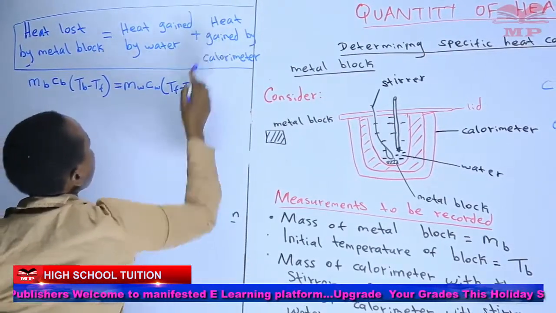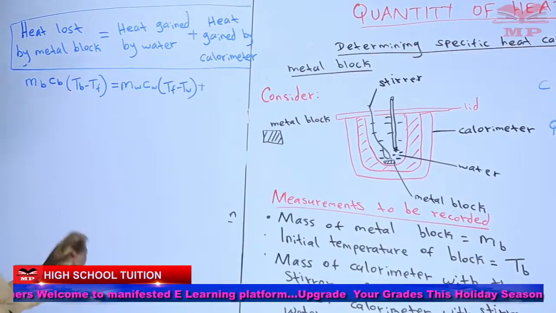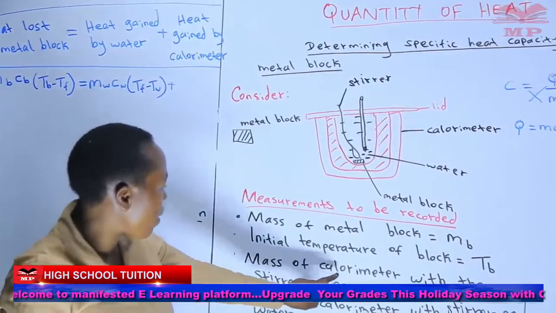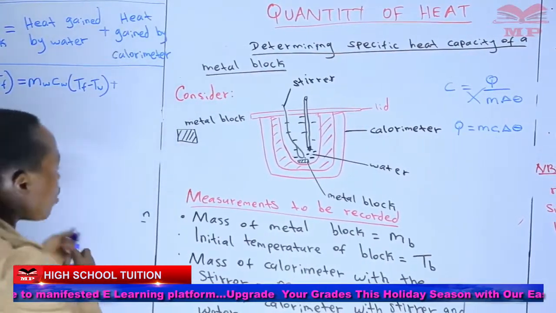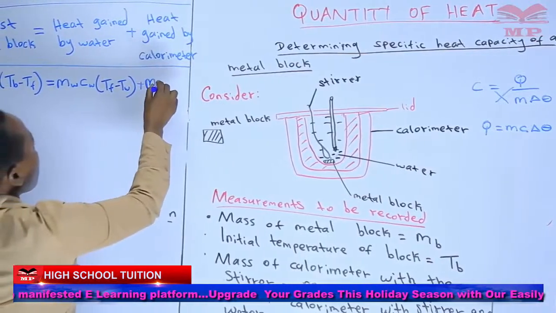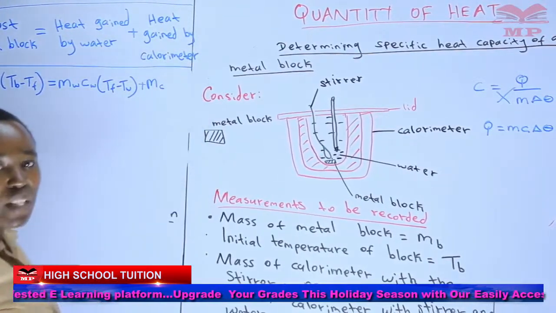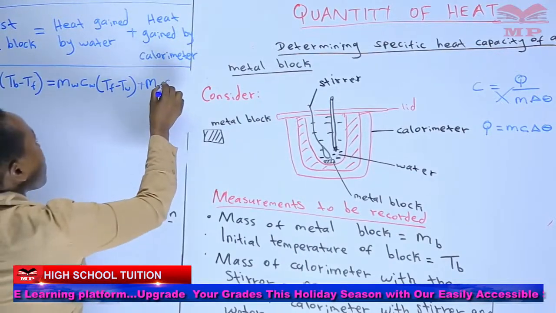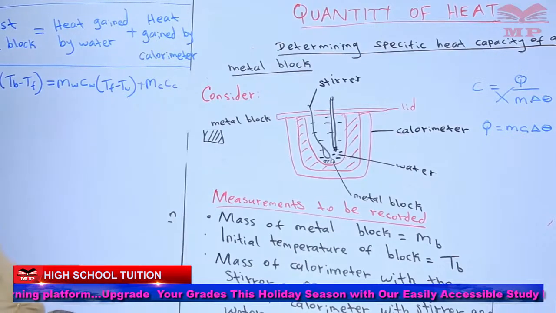Finally, plus heat gained by the calorimeter. Heat gained will be given by the mass of the calorimeter, times the specific heat capacity of the calorimeter, which should be given, times the change in temperature.